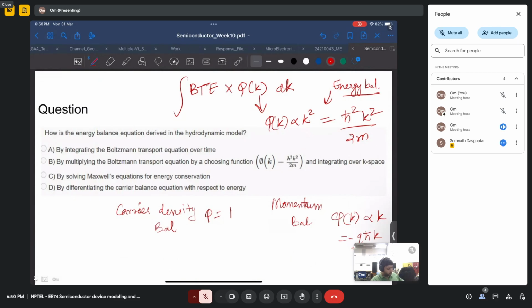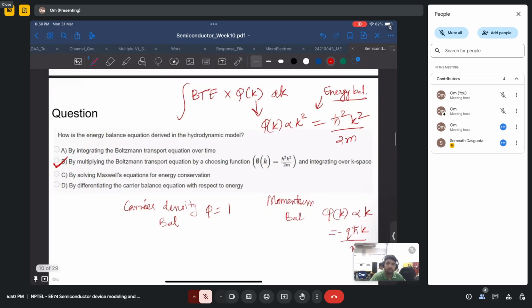And for energy balance, it is this. So it is option B, right? Okay, is this clear? All right.